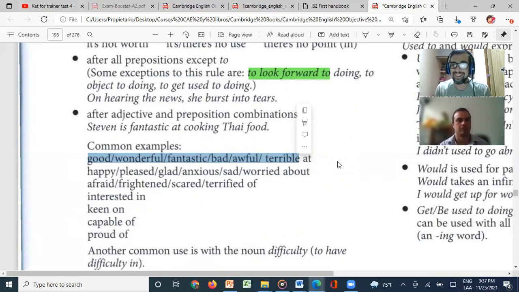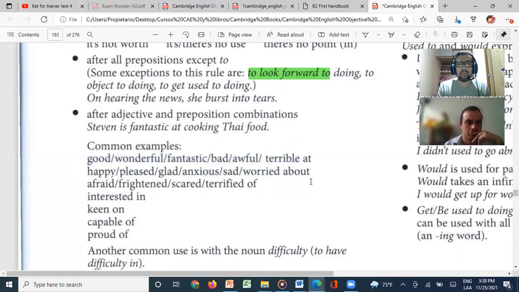Or you can say, this team is fantastic at playing together, right? Or you can say they are terrible at swimming or whatever. So after these adjectives, we need to use the preposition at.